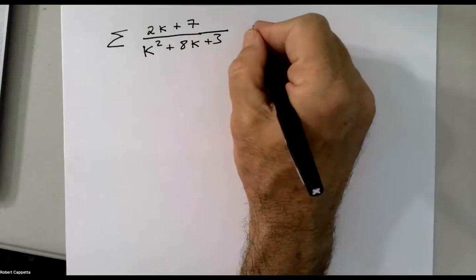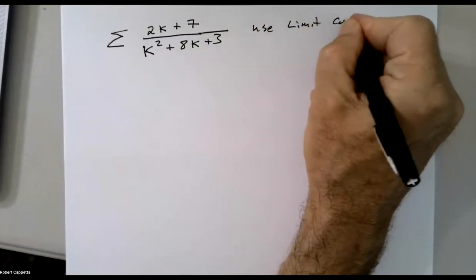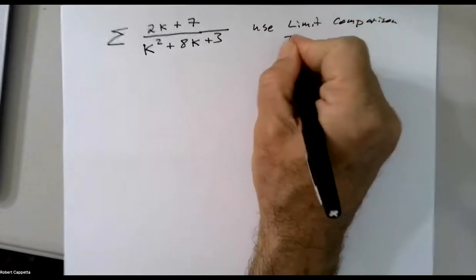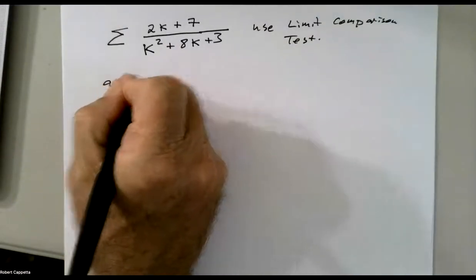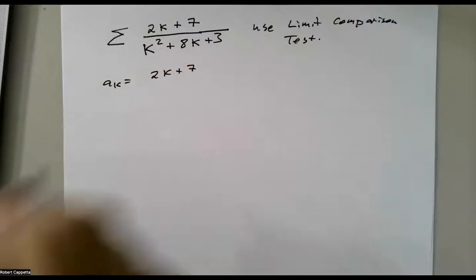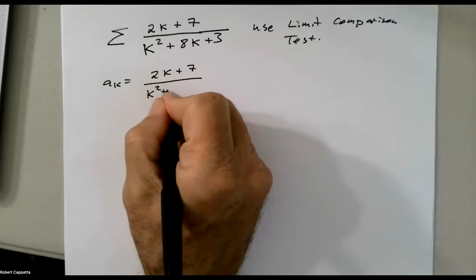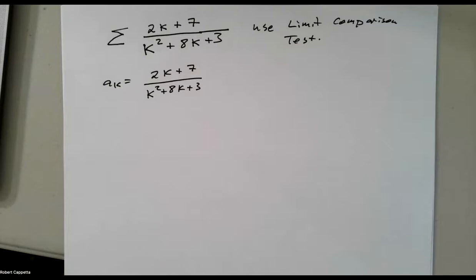That's going to be our goal here. Use limit comparison test. So our a sub k is going to be 2k plus 7 over k squared plus 8k plus 3.